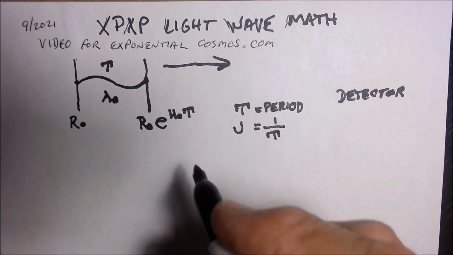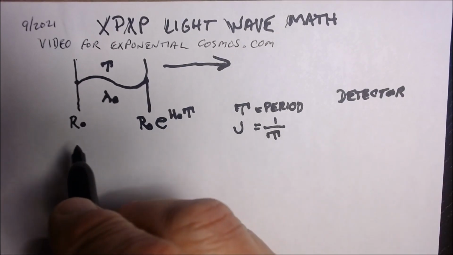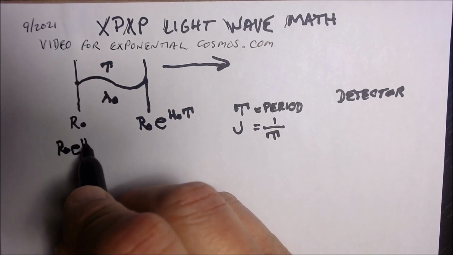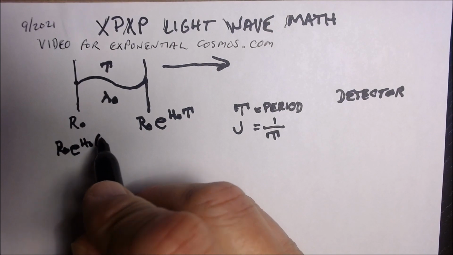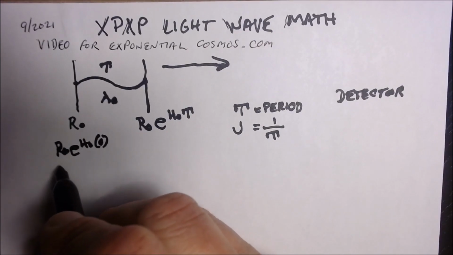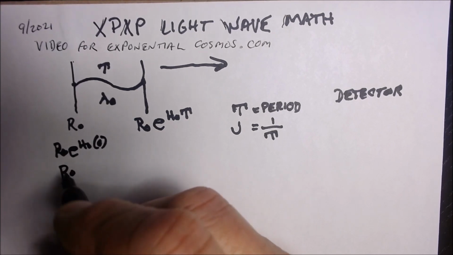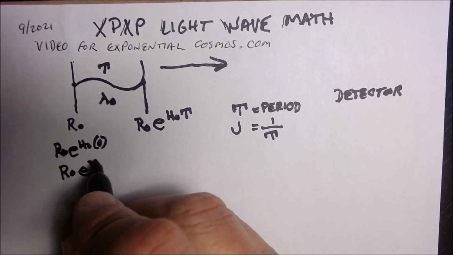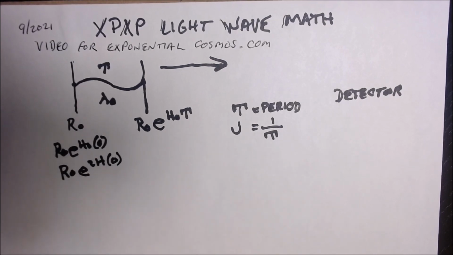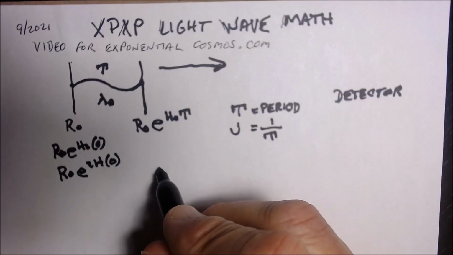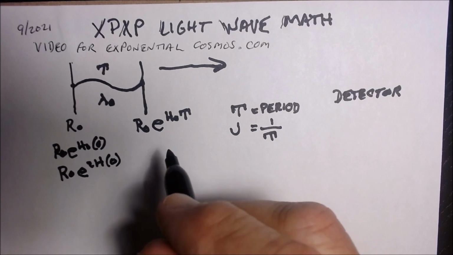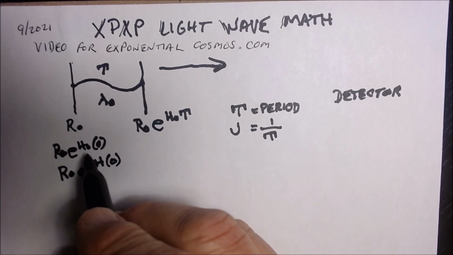We know, for instance, that for the flow, R0 e to the H0 times 0 is R0. For light, R0 e to the 2H0 times 0 is R0. What I'm saying here is that the exponent has an expansion constant.